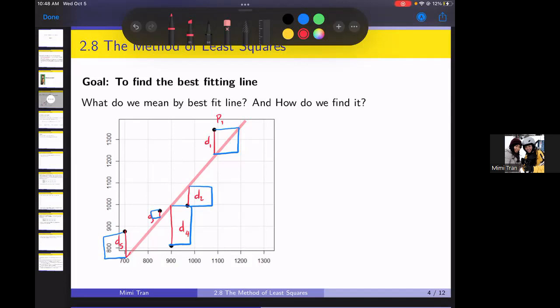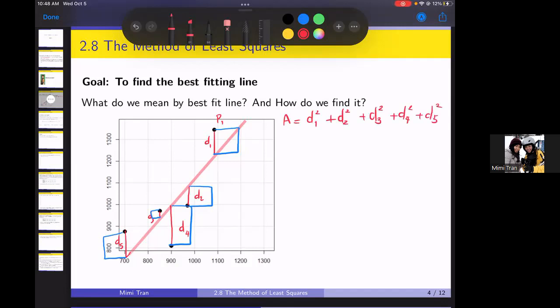So I can find the area. The sum of the areas is going to be D1 squared, that's square number 1. Square number 2 is going to be D2 squared, D3 squared, D4 squared, and then D5 squared.